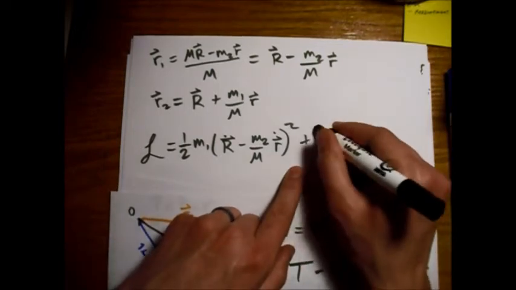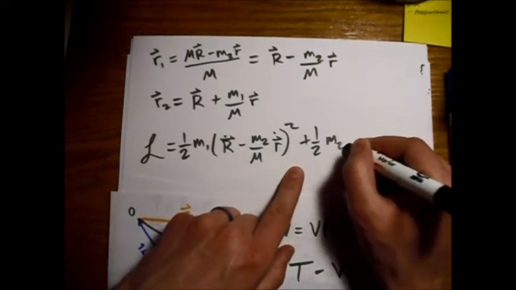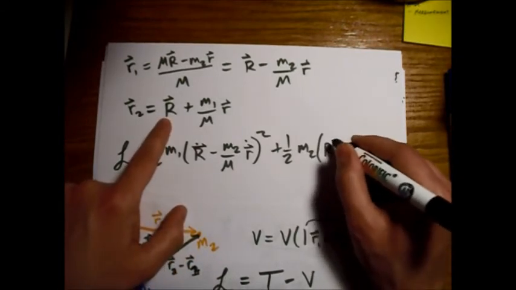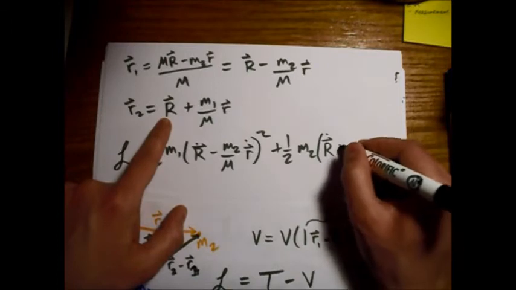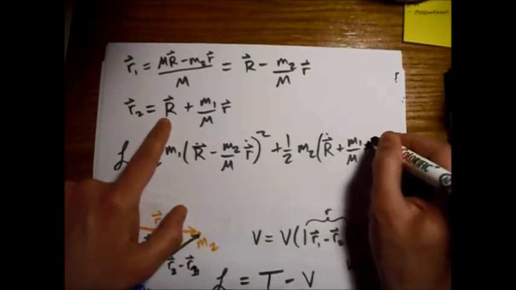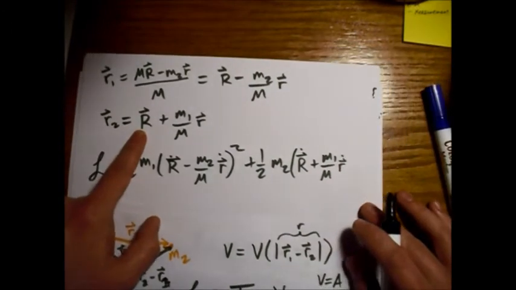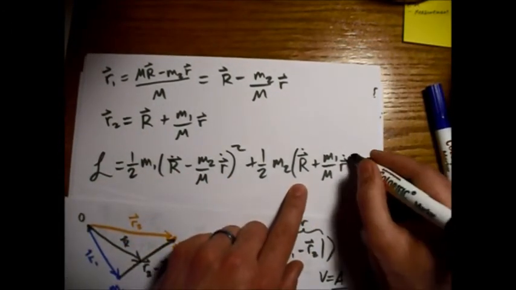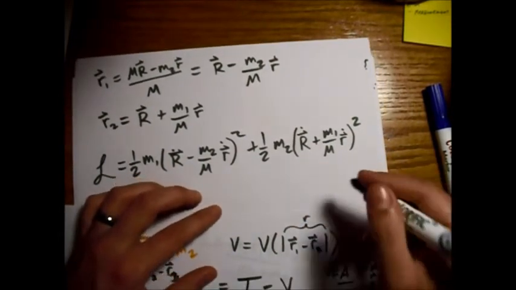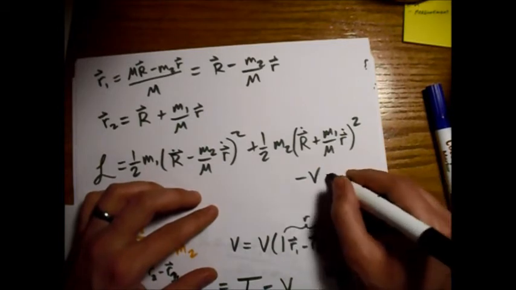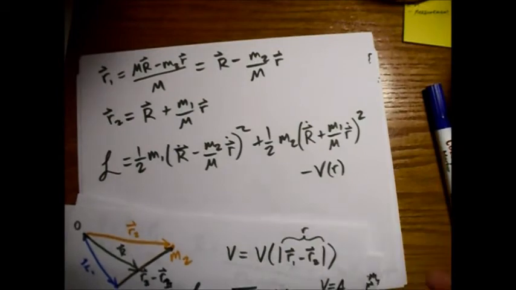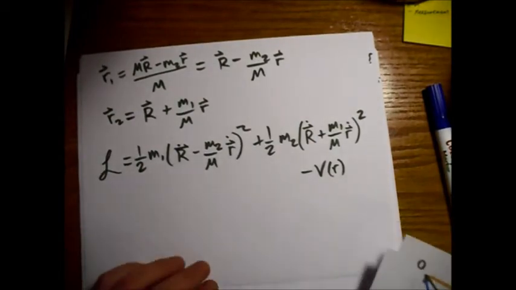Plus 1/2 M2, and now we do the same thing with this one. Make sure this is all still on camera. And then we can't forget our minus the function of the magnitude of this separation vector.